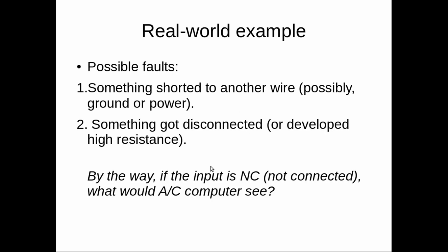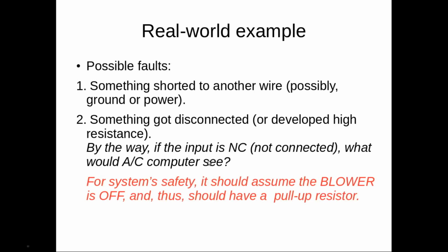My answer to this is that when this input is disconnected, the computer should assume that the blower motor is off and should see a high voltage at that terminal, and internally that probably will be implemented using a pull-up resistor.